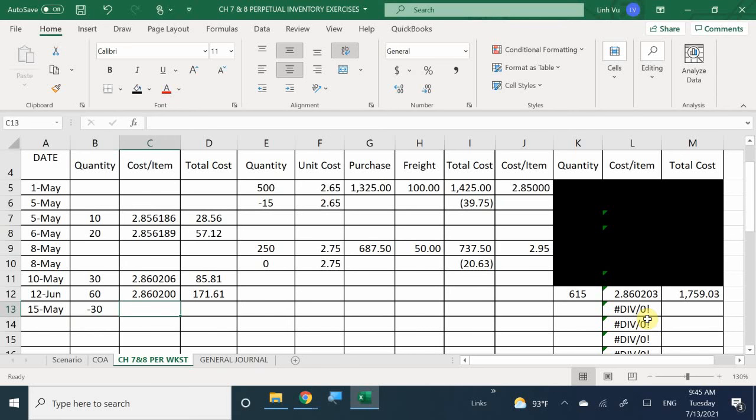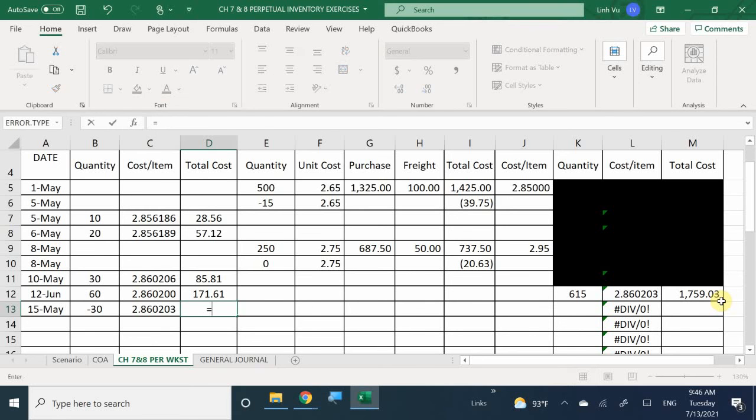Because I'm undoing my cost of goods sold. Right? So how much do my mugs cost me right now? The 2.86. Okay. Good. So then how much cost of goods sold should I be refunding back into my inventory?